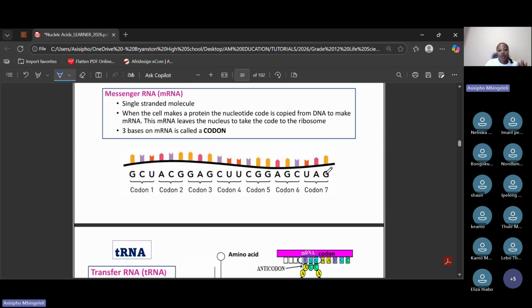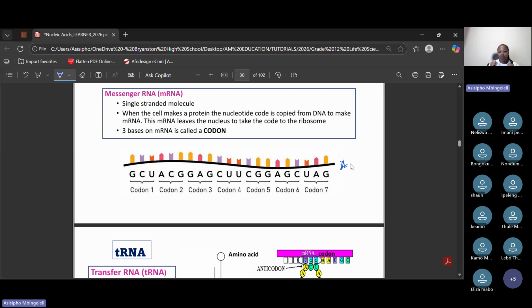Then we speak about a strand which is called messenger RNA. Now, this is obviously a single-stranded molecule. It's just one strand, as you can see here. When we look at the bases that we find in the strand, we read the bases in threes. So base 1, 2, and 3, then 1, 2, and 3.